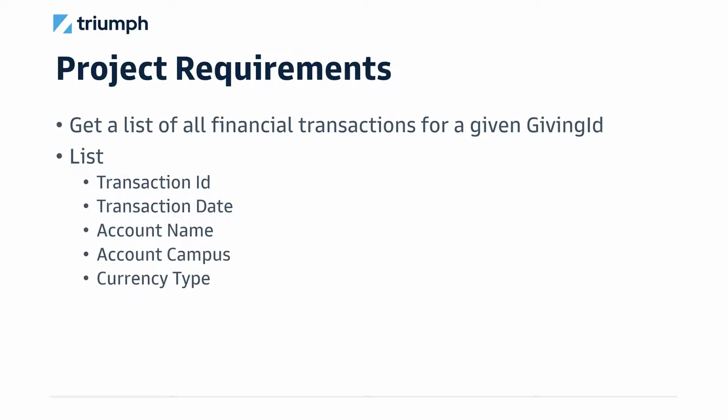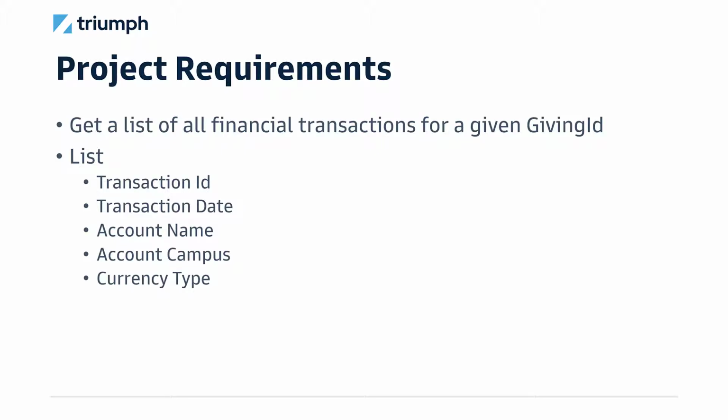Okay, so let's just think about this. We have a new project coming in and we need to get a list of all the financial transactions for a given giving ID. And again, remember, a giving ID is either a person or a family, and the family is really a group. So that's a little tricky. And we've been asked to list the following fields: transaction ID, transaction date, account name, account campus, and currency type.